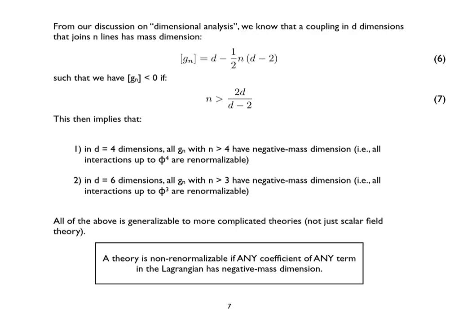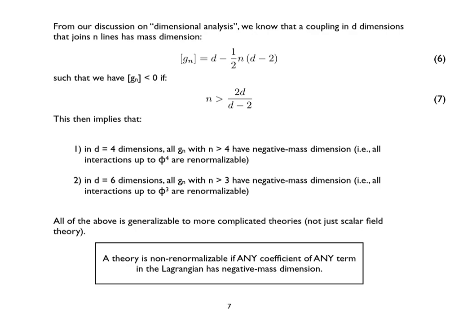We derived this all for scalar fields, but it turns out that any theory you write down that contains vector fields, fermionic fields, or tensor fields, anytime you look at the Lagrangian and see couplings that have negative mass dimension, it tells you right off the bat that the theory is non-renormalizable.